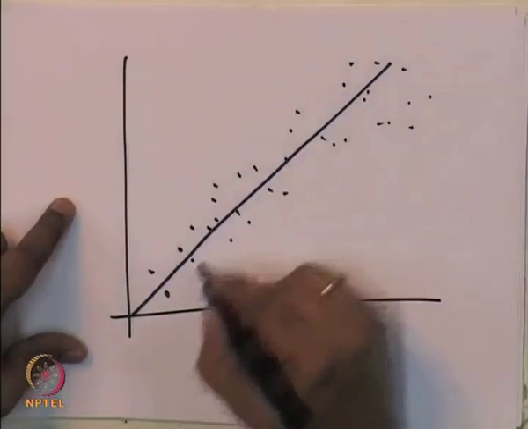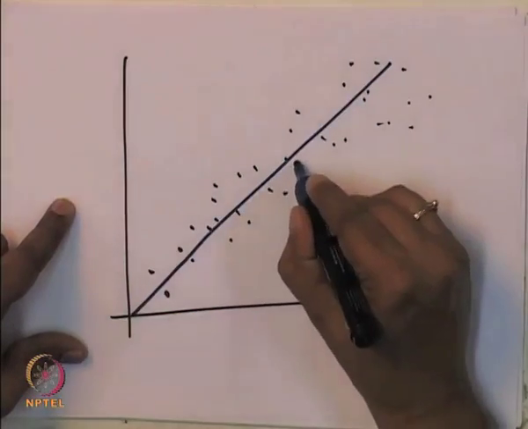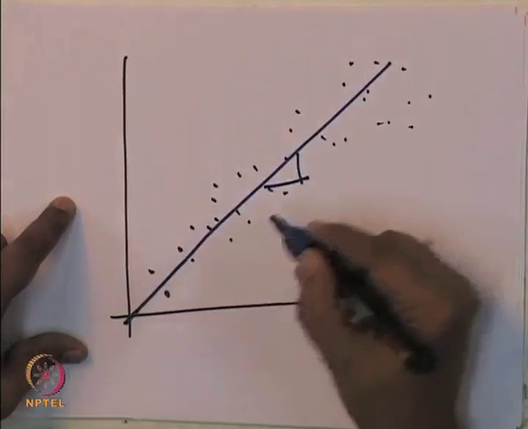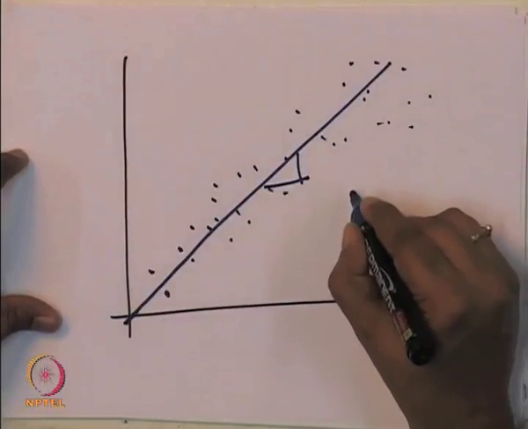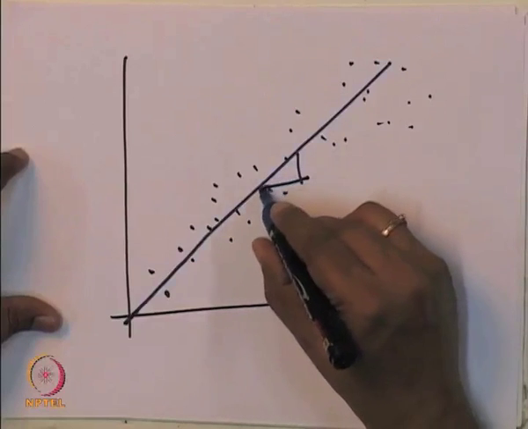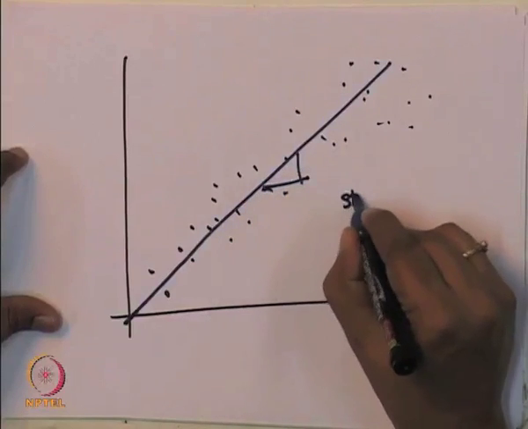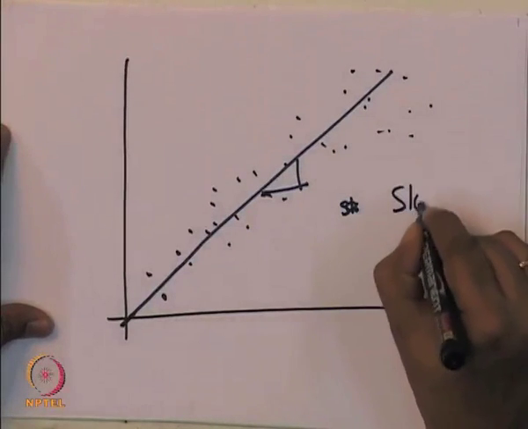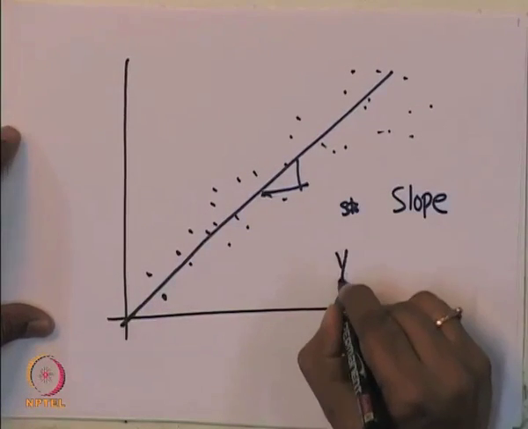That means you have to know something about the slope and something about the y intercept. So, we have to know two parameters to get the straight line: the slope and the y intercept.